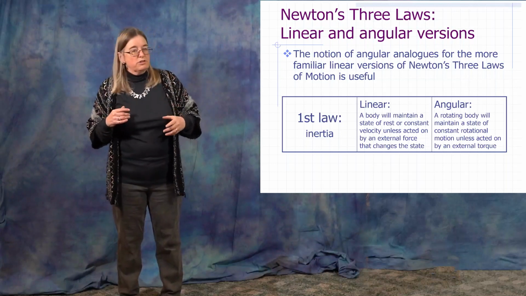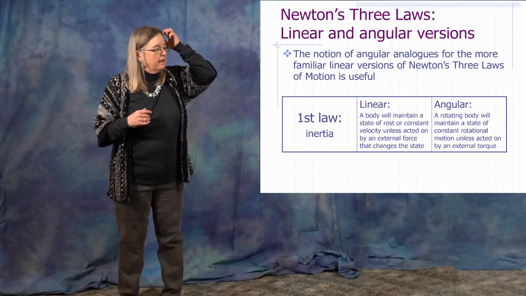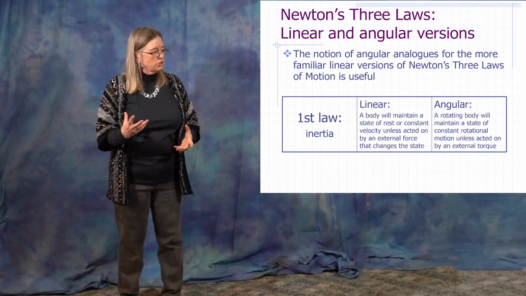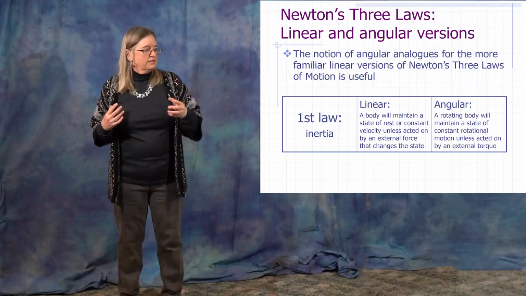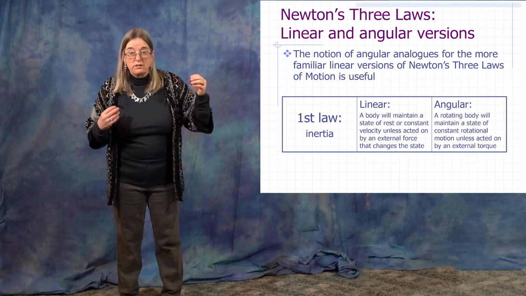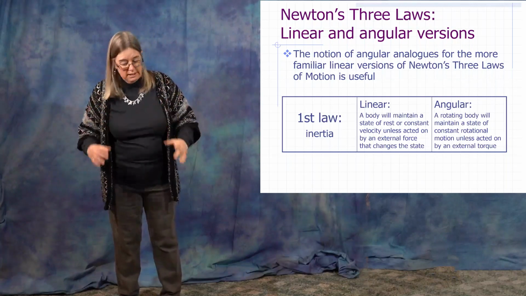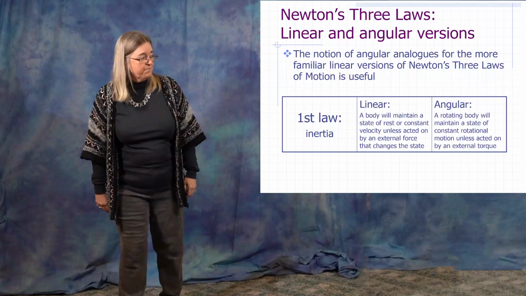The angular version is very similar. A rotating body will maintain a state of constant rotation unless acted upon by an external torque. So it's force in the linear version, and torque in the angular version.